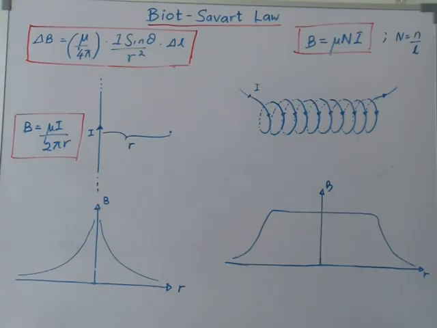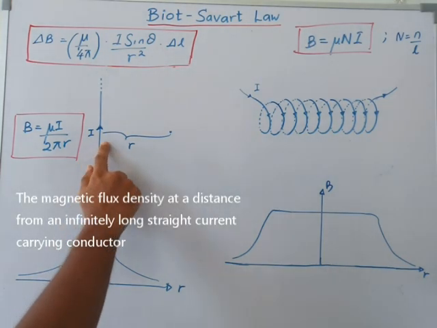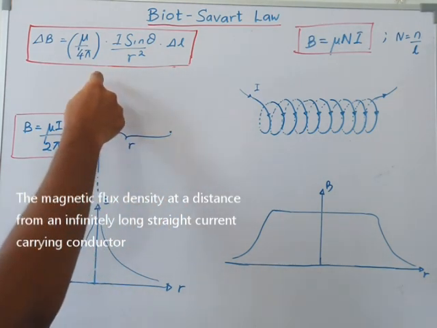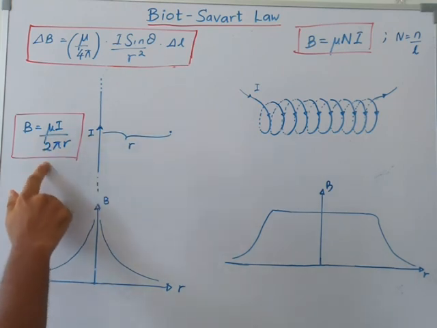Here we have another two examples of Biot-Savart law, and we are not going to discuss the proof because it's not in the syllabus. First, the magnetic flux density at a point at distance r from a current carrying infinitely long straight conductor is given by B equal to mu I over 2 pi r.